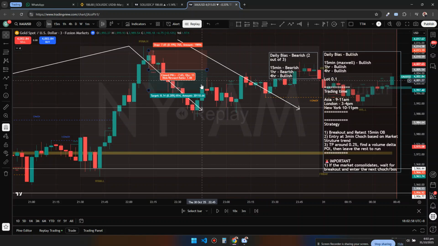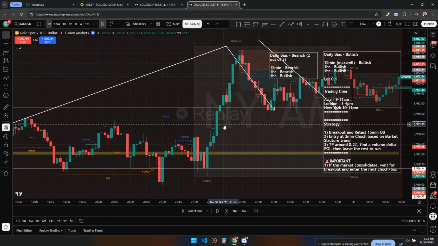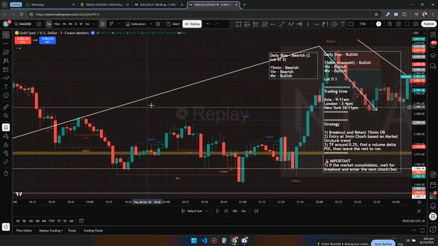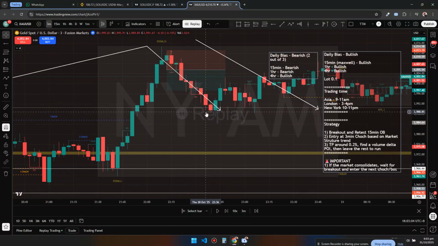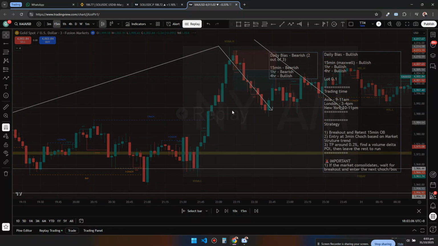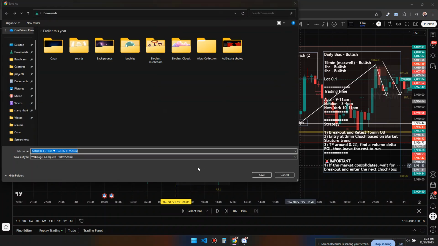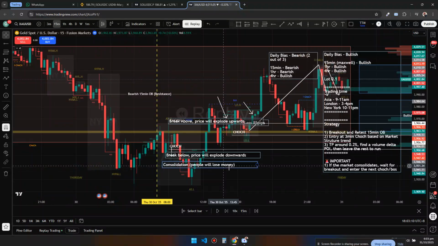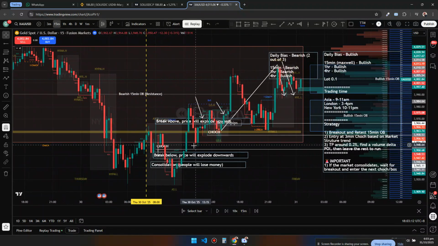So this is like a $100 trade. So you can see the strategy overall is just price going down, tap into this red box, which is the bearish 15-minute OB, and then price starts to sell off again.